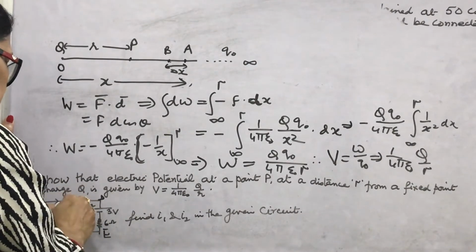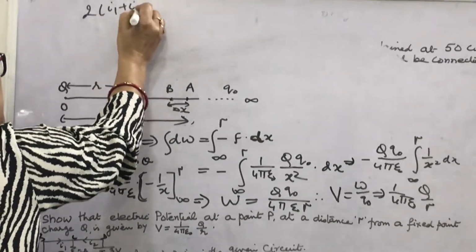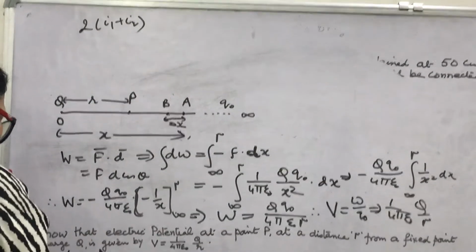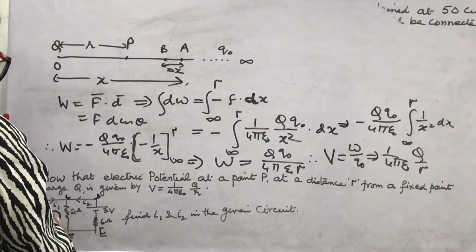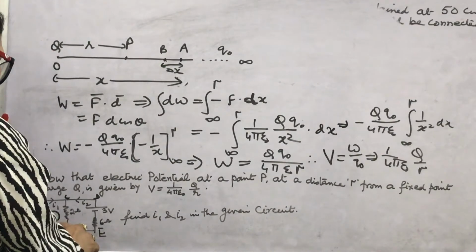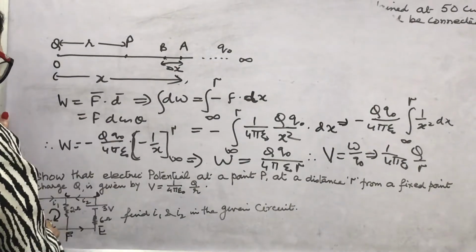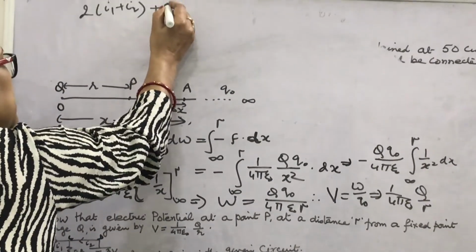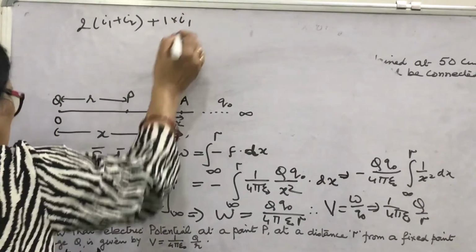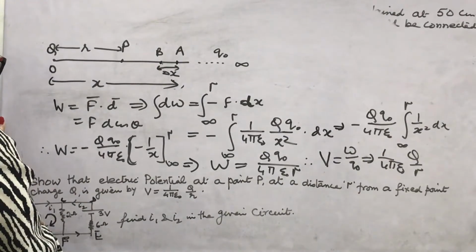Both the currents are present: 2 into I1 plus I2. Then I1 will move in this section, there is no resistance, so you will not write anything here. I1 into 1, so you will write plus 1 into I1. Here minus 2, because this is the negative terminal and this is positive.